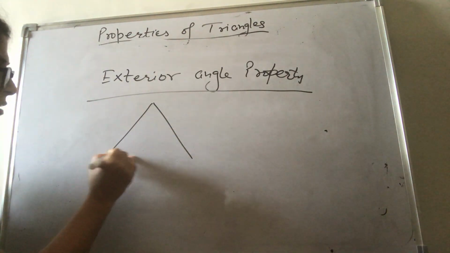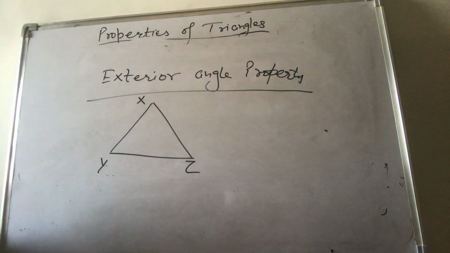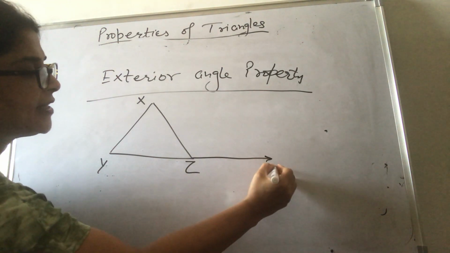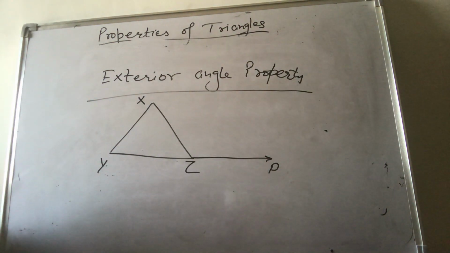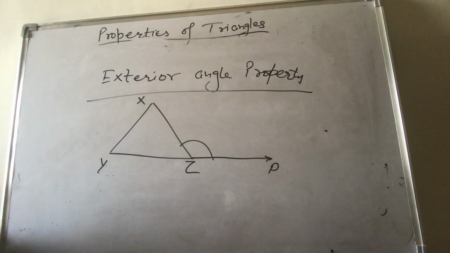Suppose we have a triangle, its name is XYZ. If we extend any of its sides, suppose I have extended this side of the triangle, whenever I extend any side of the triangle, we will get an angle that will be in the exterior of the triangle.